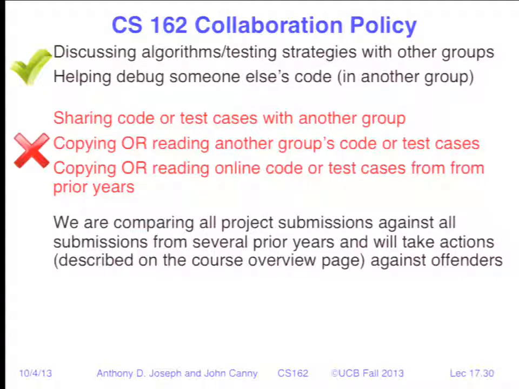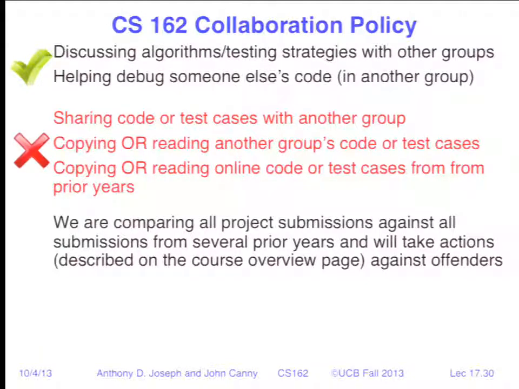In fact, it's a good enough fingerprint that we can compare against submissions from prior years. So we did that. We found over 25% of the groups in this class are copying code from online solutions. That's not acceptable. All right?